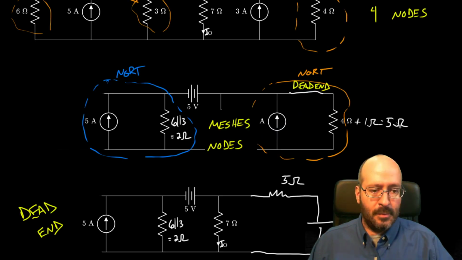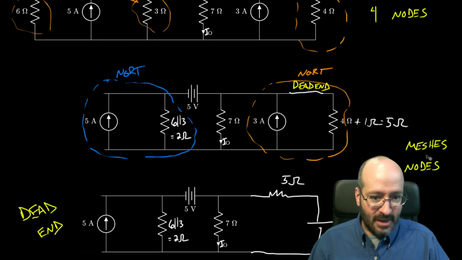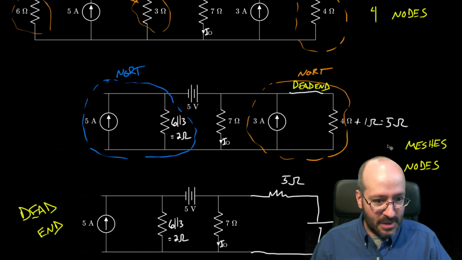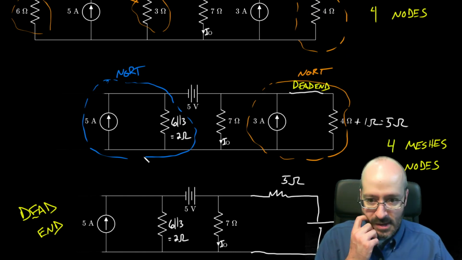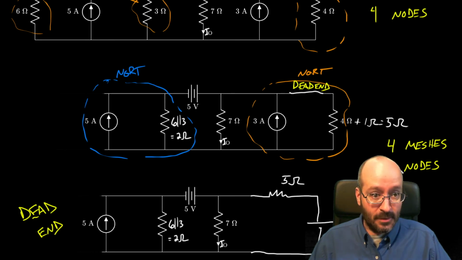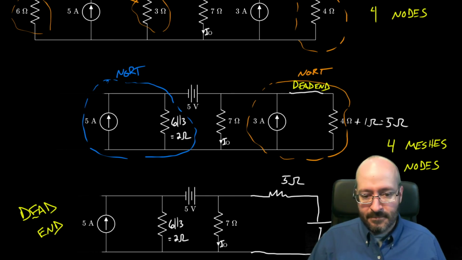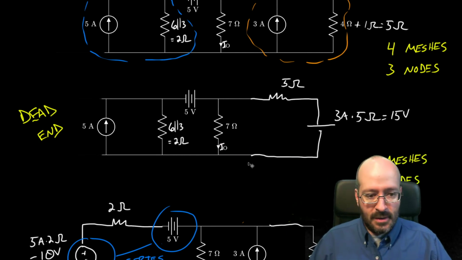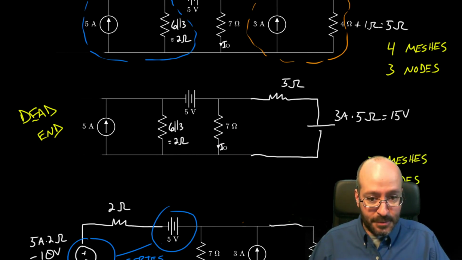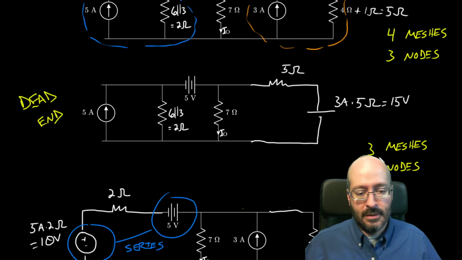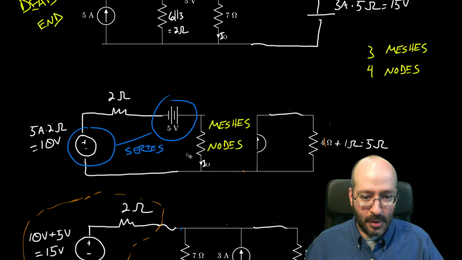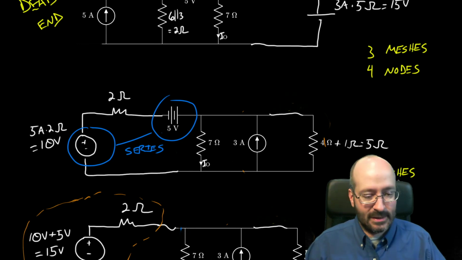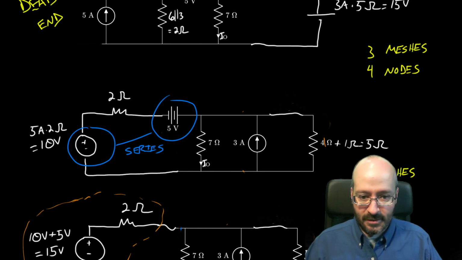Okay, we made some combinations and we ended up with 4 meshes and 3 nodes. Here we got down to 3 meshes and 4 nodes. Ooh, we backslid on the nodes, but it's getting smaller. If you keep at it, keep combining things, eventually you'll get something reasonable.